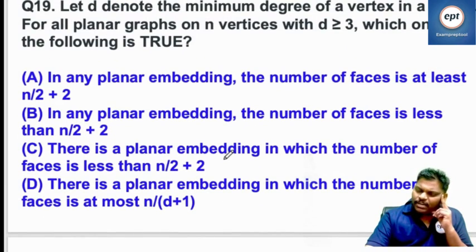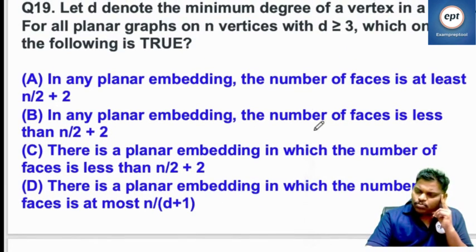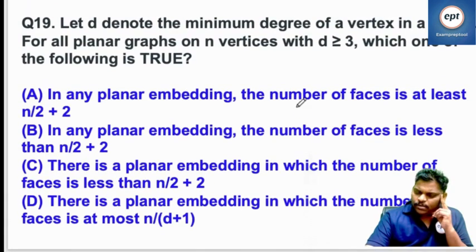See this problem. I think it is like the previous problems, but with a small change. Previously, the degree of every vertex was 3, but here it is minimum degree 3. Let D denote the minimum degree of a vertex. It is a vertex, please be careful. The minimum degree is given, not the exact degree.